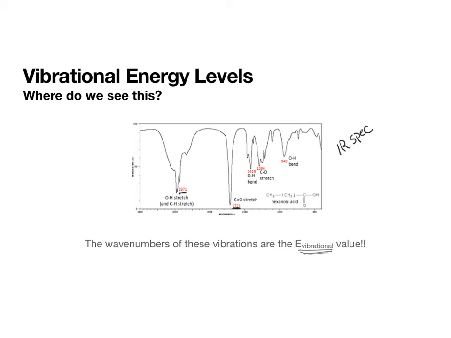Wave numbers is proportional to energy. It's an energy unit of 2971 wave numbers. So our E vibrational in this case is that. That is for our OH stretch.